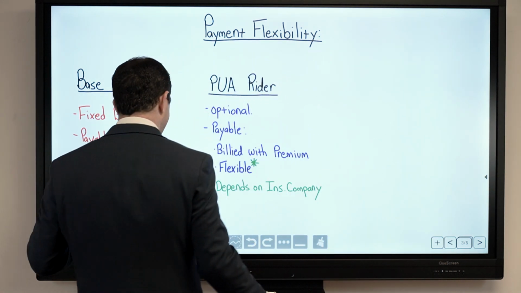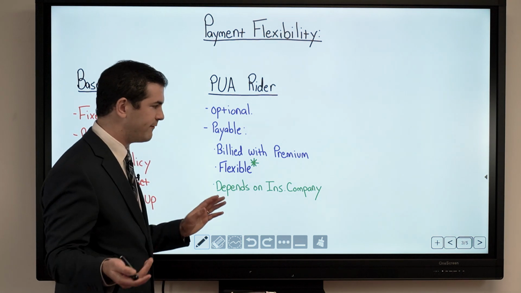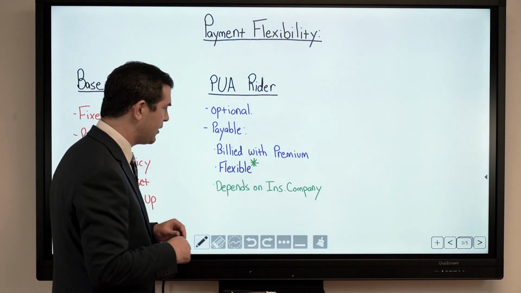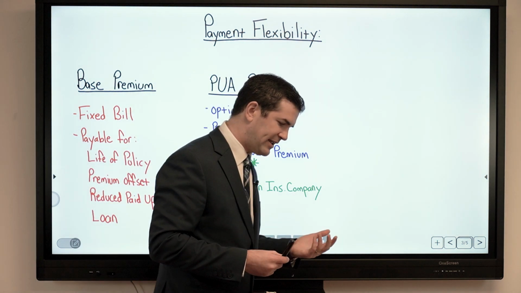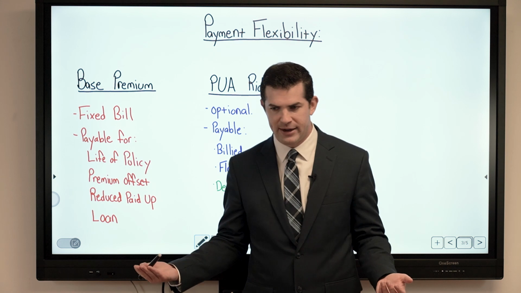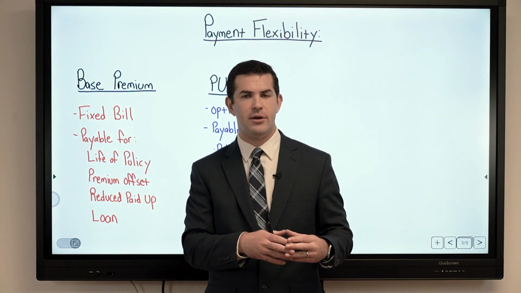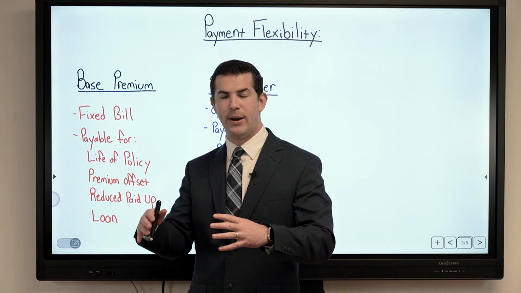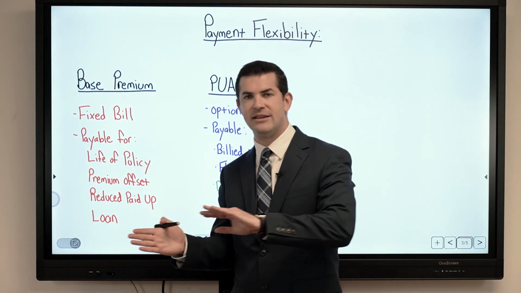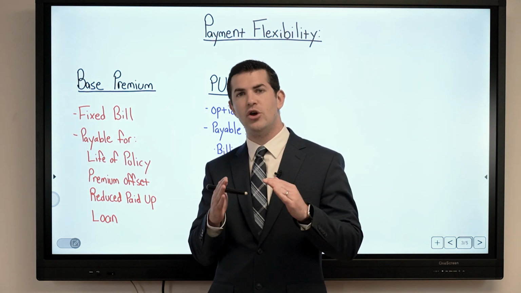Now, while it is optional, it can be set up in a variety of ways. It can be set up where it's billed with the premium. For example, if I'm making a $100,000 per year payment into a policy and I have a $10,000 minimum premium, $90,000 going into PUAs, you can design the policy where everything is billed at the same time. Assuming the insurance company and underwriters approved it, you can do that.